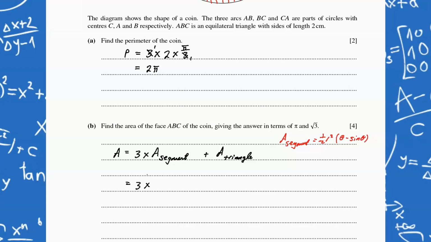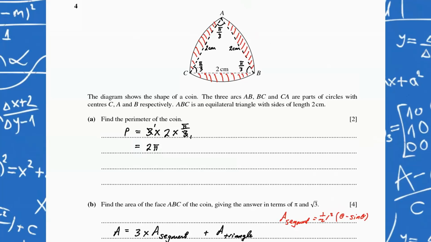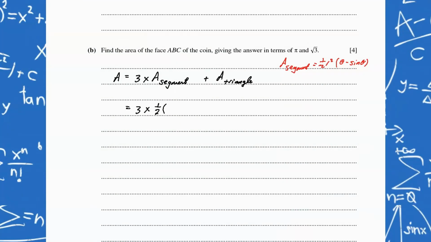So it's 3 times half r squared, the radius is 2, so half of 2 squared, of theta, which is pi over 3 or a third pi, minus sine of a third pi, plus the area of the triangle.